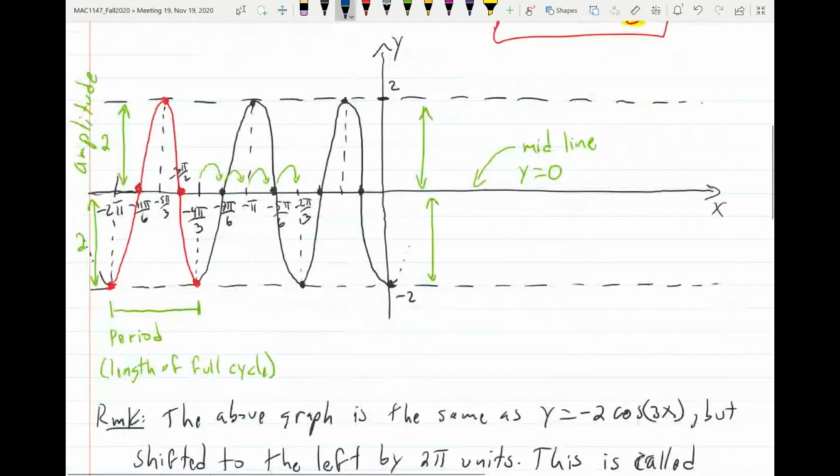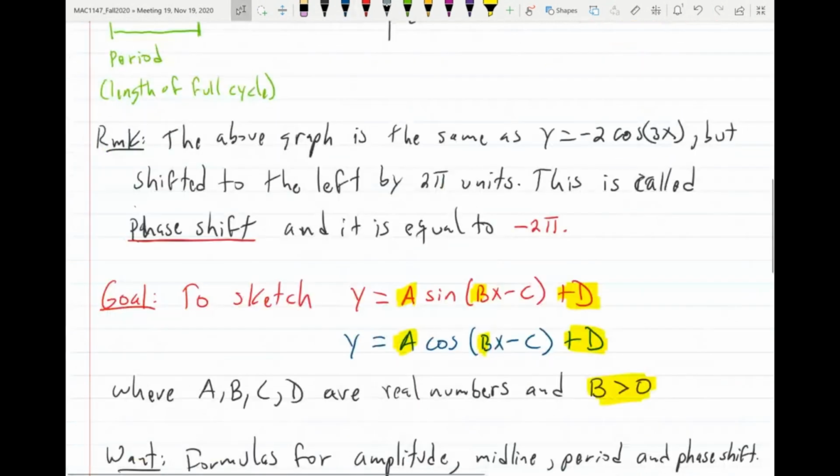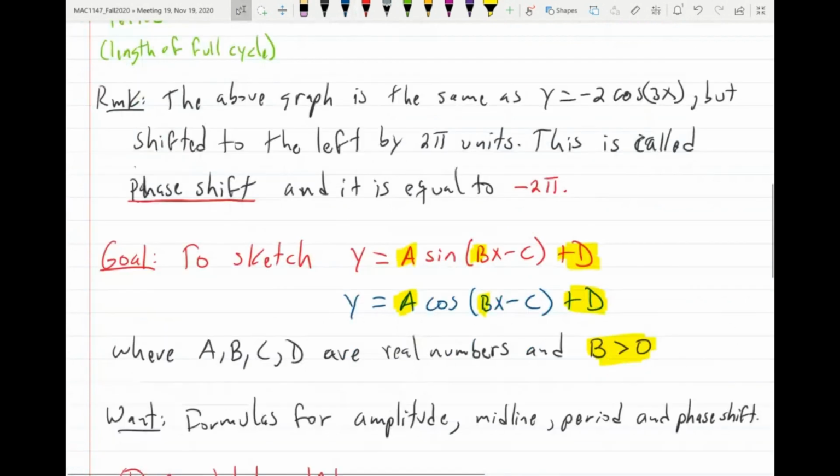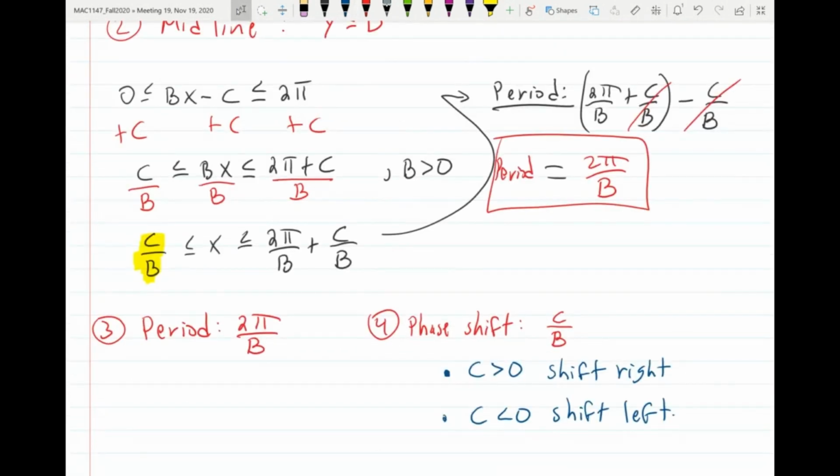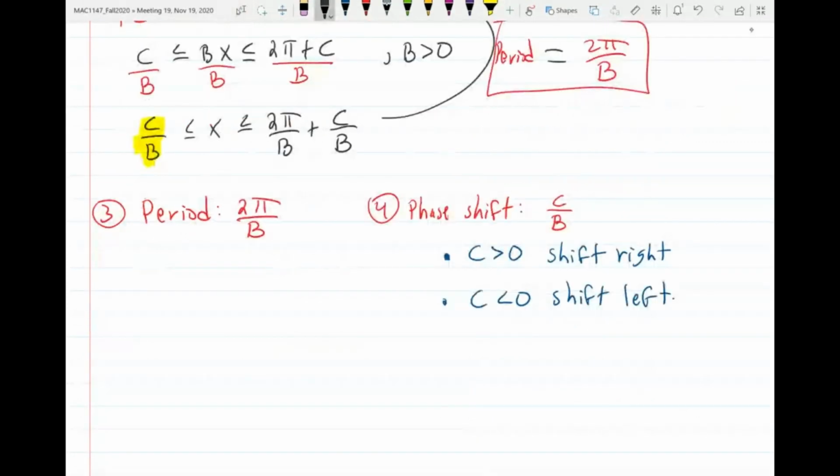Okay, and also notice that once you know the phase shift, this is exactly where you begin your main cycle. So with this little formula C over B, you will know where to begin the main cycle. So when you're drawing your picture, you know that you're going to start here at C over B, whatever that is, and then you know the period, which is 2 pi over B, so you add it, so you get your right endpoint. So this will be C over B plus period.